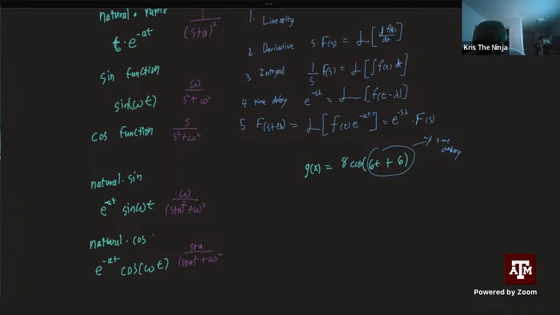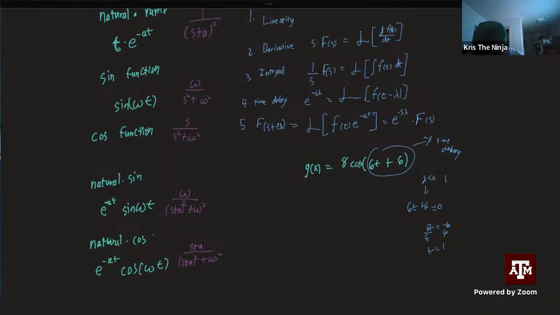If we break this down to where 6t plus 6 equals 0, we get 6t equals negative 6, divided by 6, t equals negative 1. So lambda is this value here.